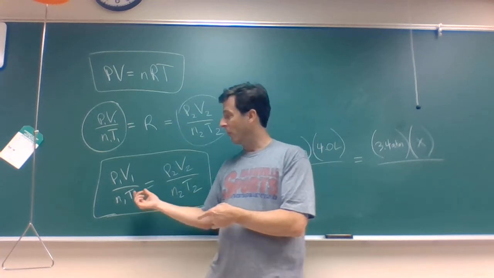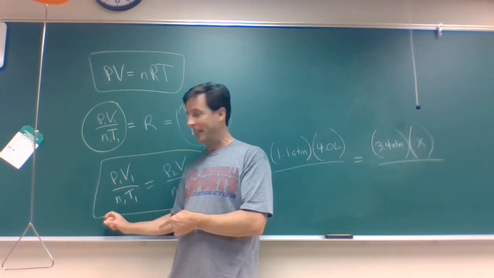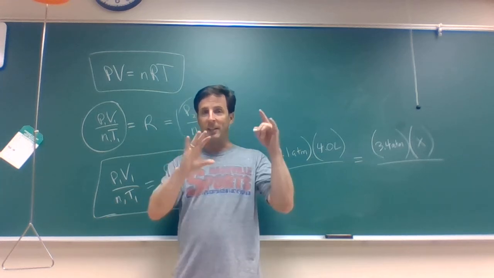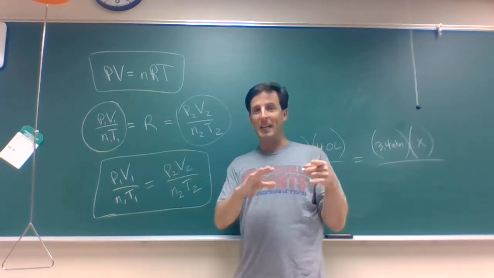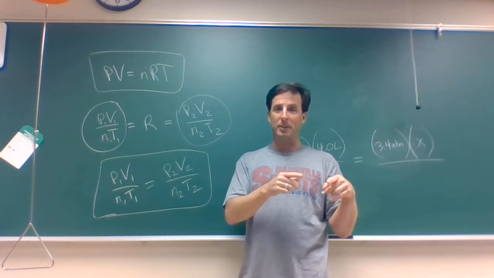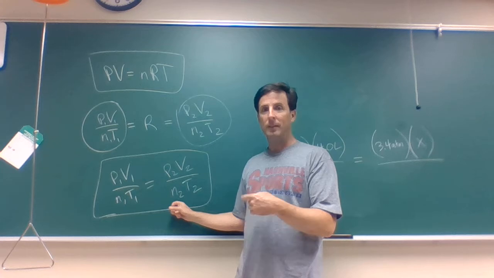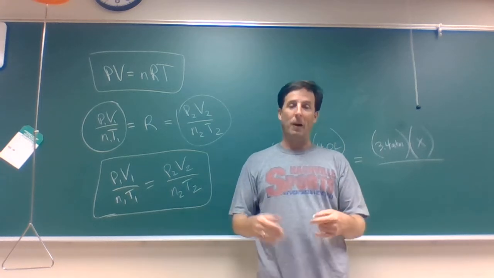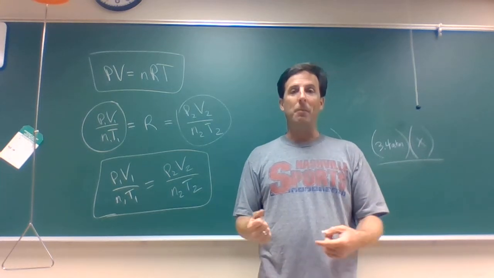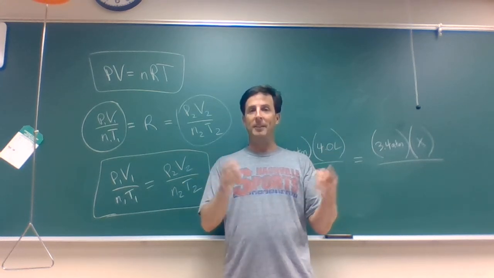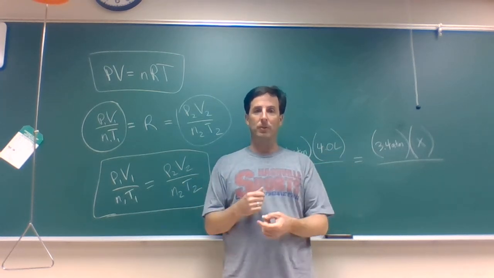Meaning the original measurements, the amount of gas in the container, N1, once I change the conditions, the amount of gas in the container when I make my second set of measurements, N2, is still going to be the same. Now, what is it? Well, the problem doesn't tell me how many moles I have, but let's just make up a number. Let's just say that the moles of gas in the container, let's say it's 10 moles.